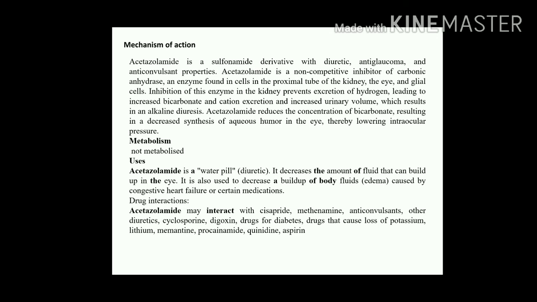Acetazolamide reduces the concentration of bicarbonate, resulting in decreased synthesis of aqueous humor in the eyes. Due to this, it decreases the amount of fluid that can build up in the eyes, so it lowers the intraocular pressure.